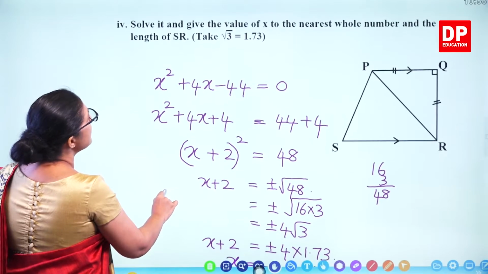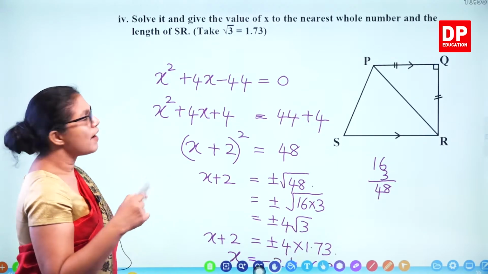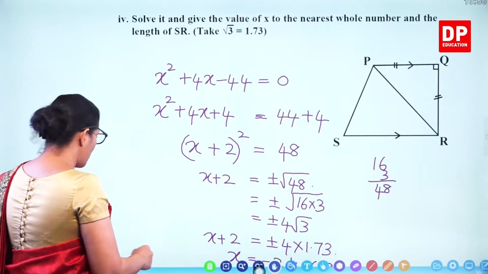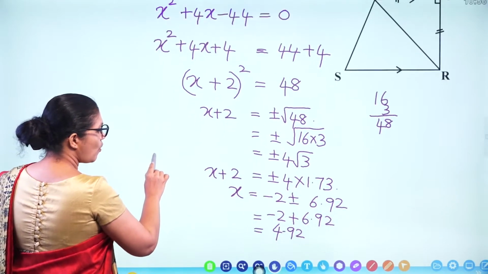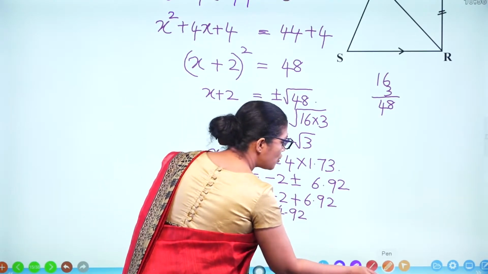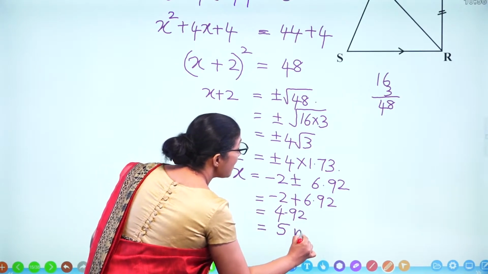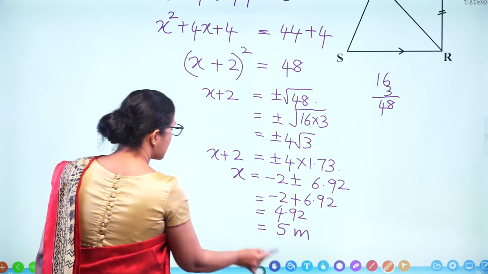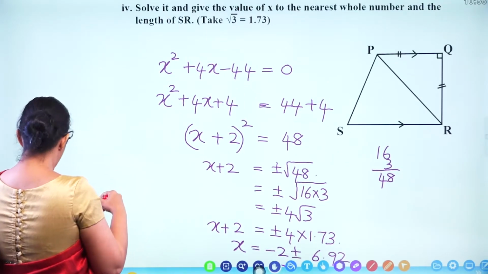So solve it and give the value of x to the nearest whole number and find the length SR. So what's the whole number here? 4.92, you can write as 5. So x is 5 meters. We'll check whether it's meters or centimeters from the other part.